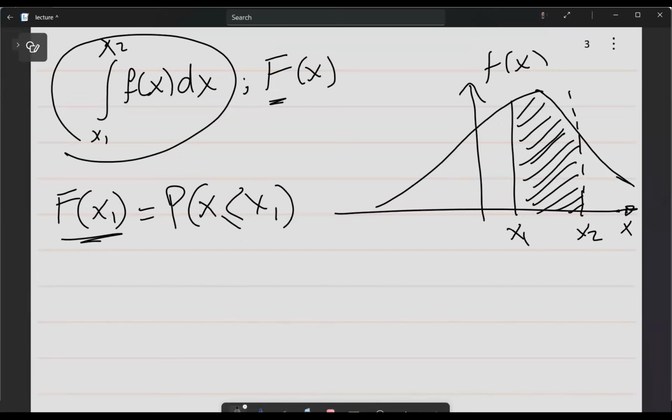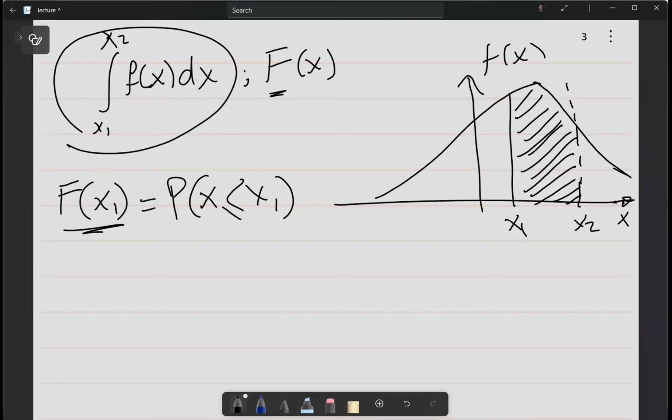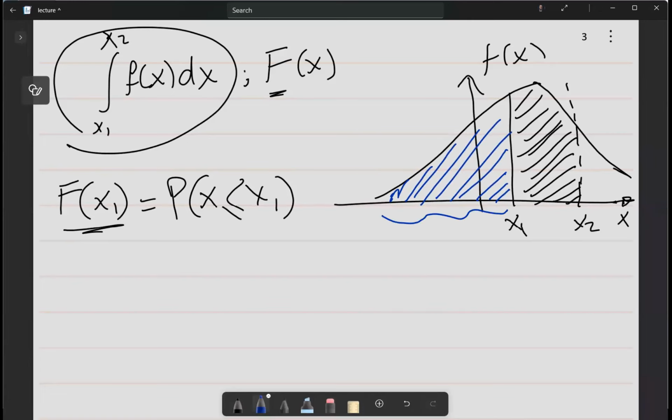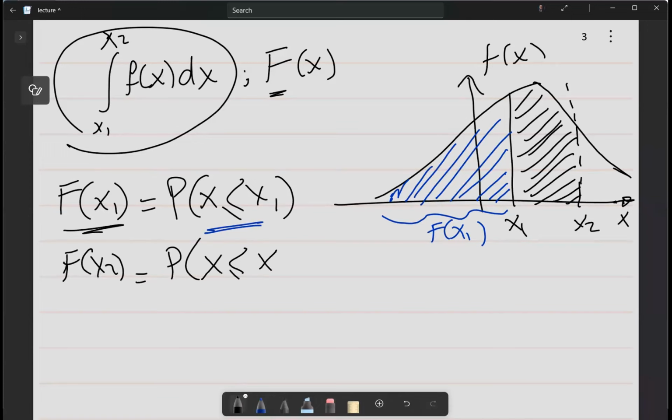Let me take another color. So the probability F of x1 will be this one, from minus infinity up to x1. This is the probability of x less than or equal to x1, which means this one is F of x1. Okay, what is F of x2? It is equal to the probability that x is less than or equal to x2.